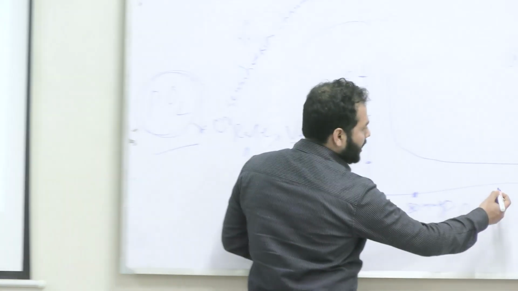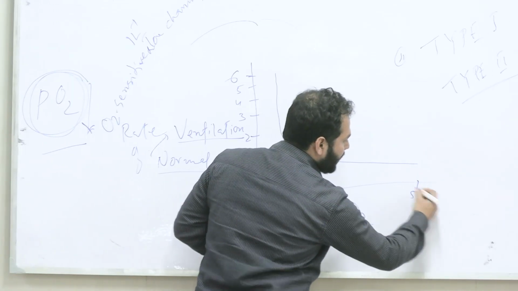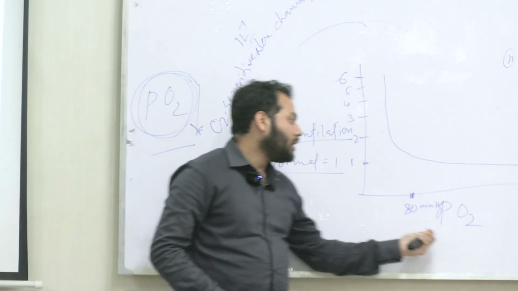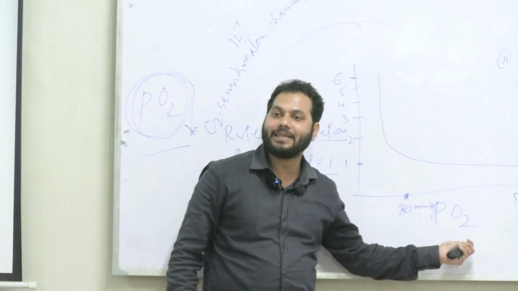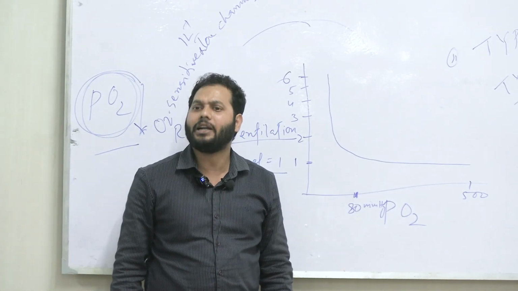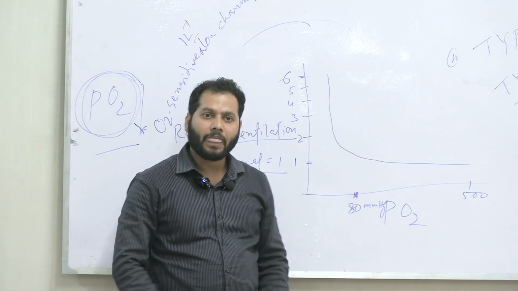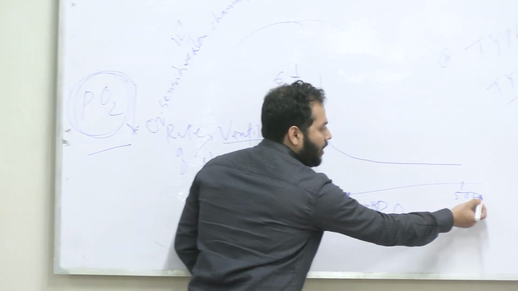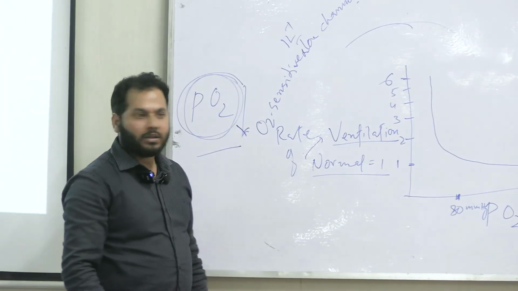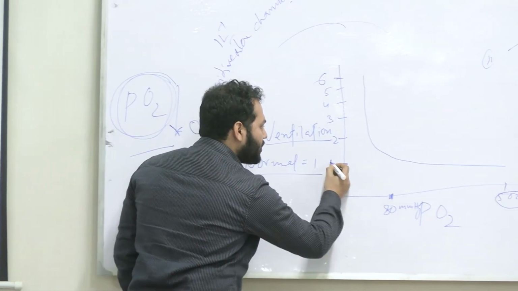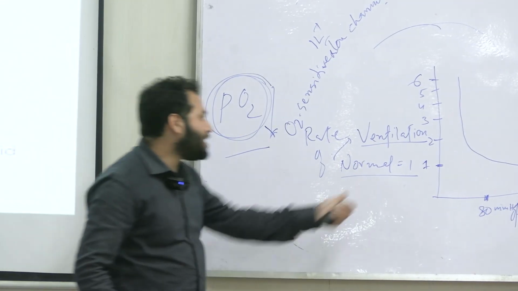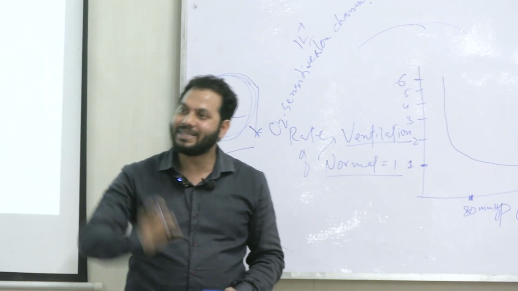Now if you see the graph here, suppose in the x-axis I am showing the partial pressure of oxygen up to 500, right? It means in this partial pressure of oxygen, the rate of ventilation is here, suppose this is 1, which is normal.